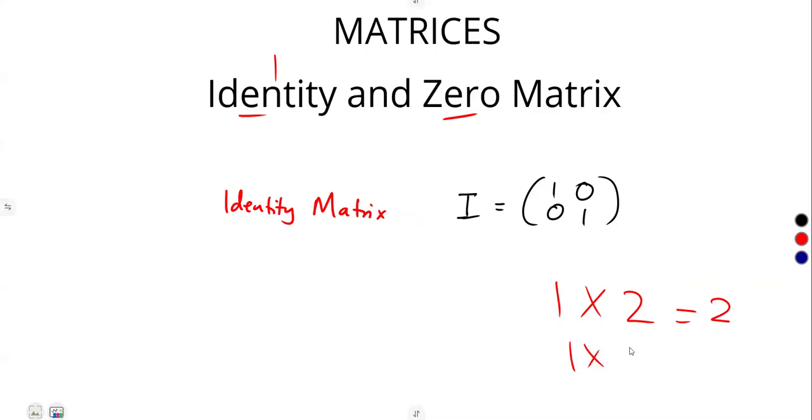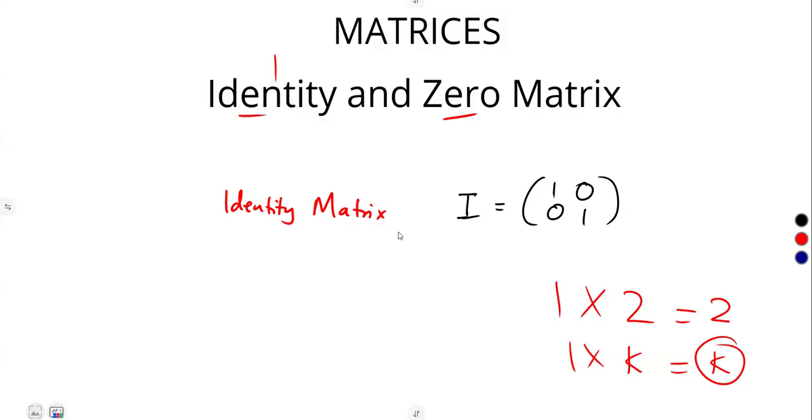So one times any number k, we are going to have that number. It follows that where it is applicable in your multiplication, an identity matrix, when it multiplies any matrix, that matrix remains as it is.